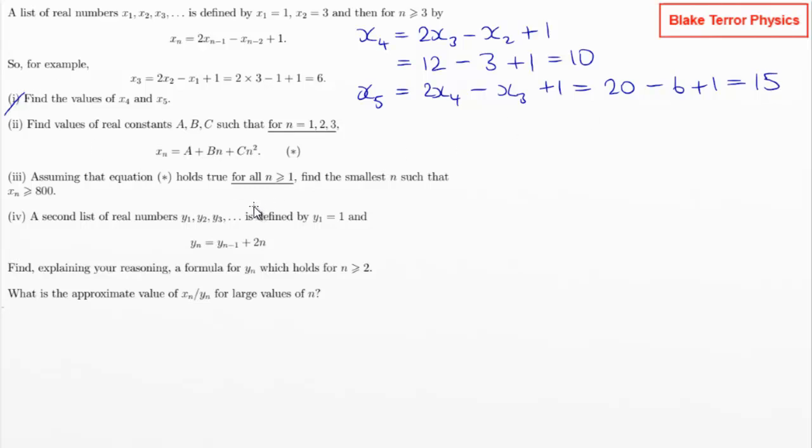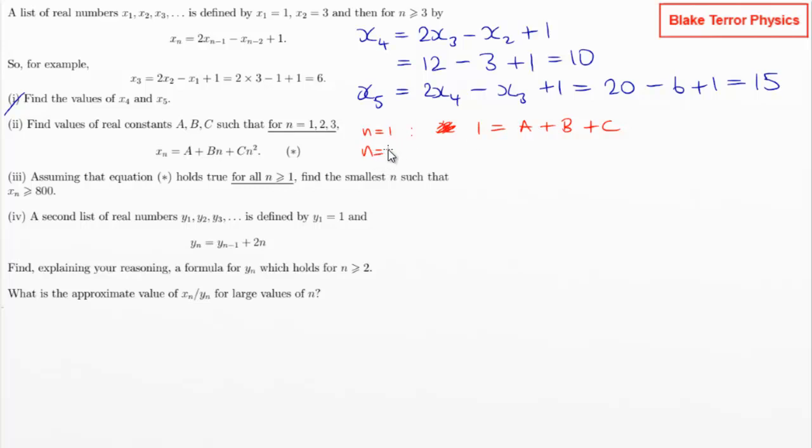Find values of real constants a, b, c such that for n equals 1, 2, 3, this relationship holds: xn is a plus bn plus cn squared. Okay, that's fine. Let's change over to red so we see we're on a different part of the question. For n equal to 1, x1 is 1, so I can just put 1 straight in, equal to a plus b plus c.